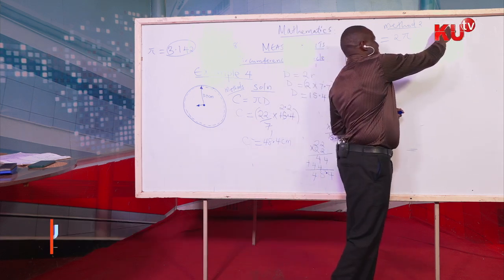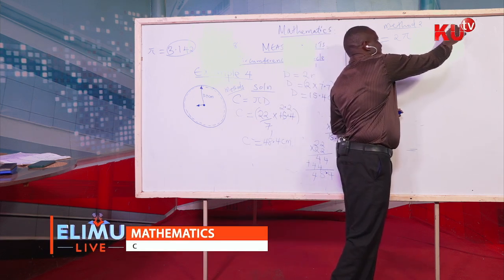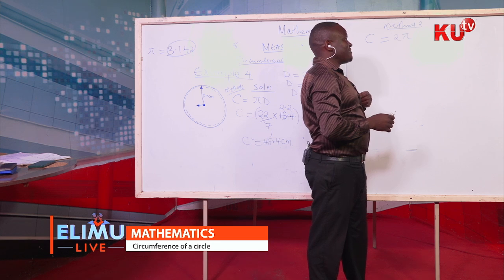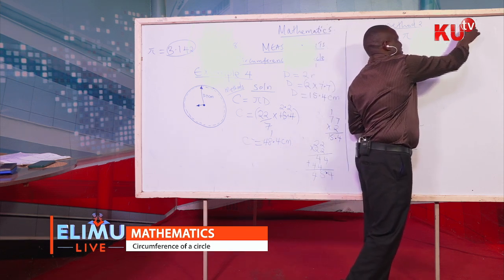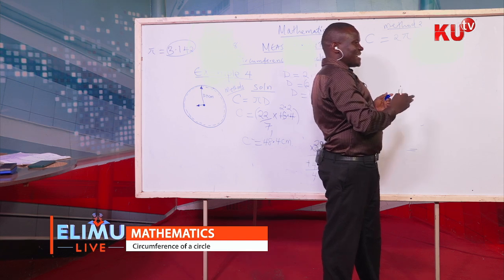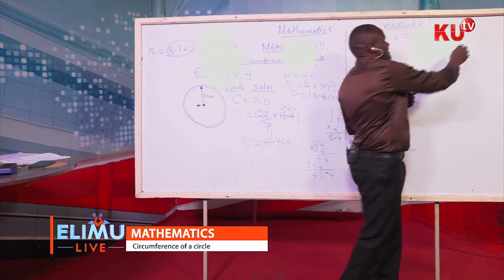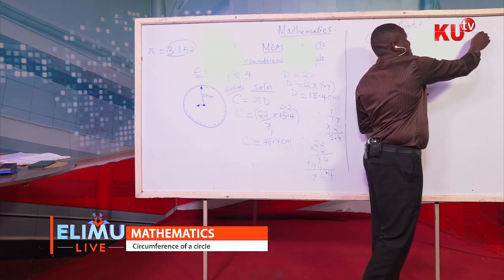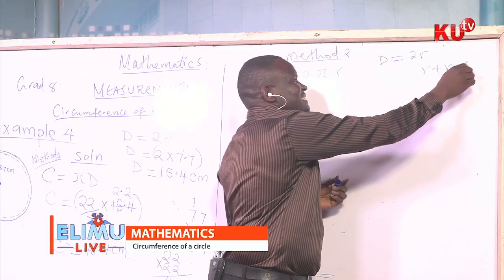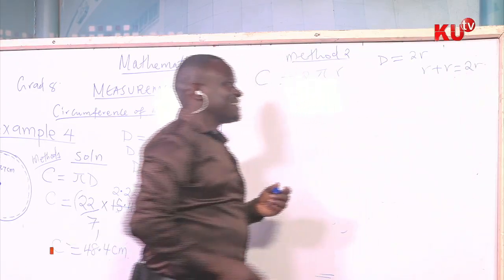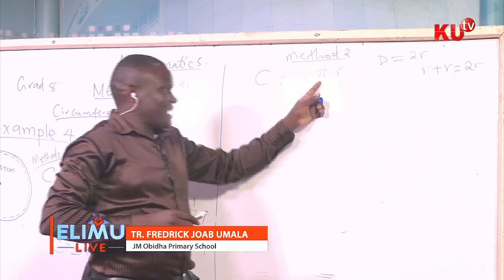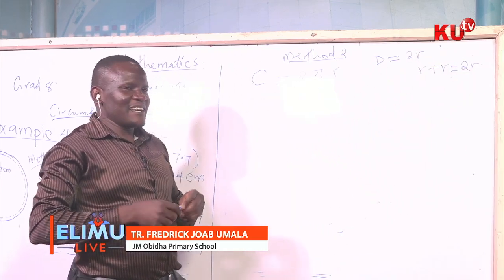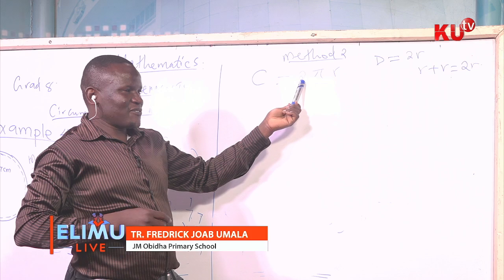Where is this 2r coming from? It originates from the formula that I gave earlier, that diameter is equal to 2r. Radius plus radius gives us 2r. And therefore, when you are introducing 2r in this formula, the number comes first.